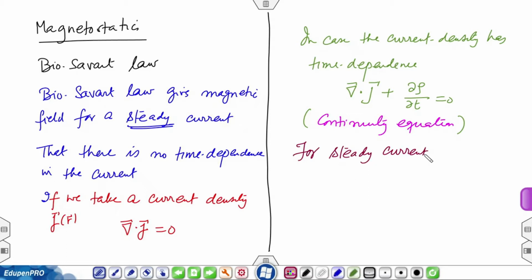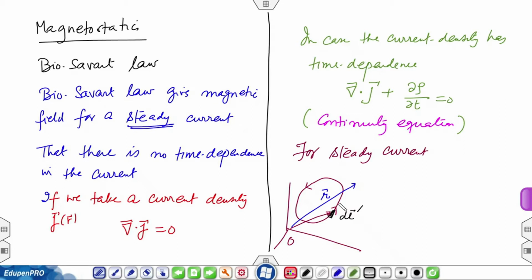Suppose I have a loop in which this current is flowing. Let me make a coordinate system, origin. From the origin, take a small section of this loop, dl prime, and I want to calculate the field at some other point r.